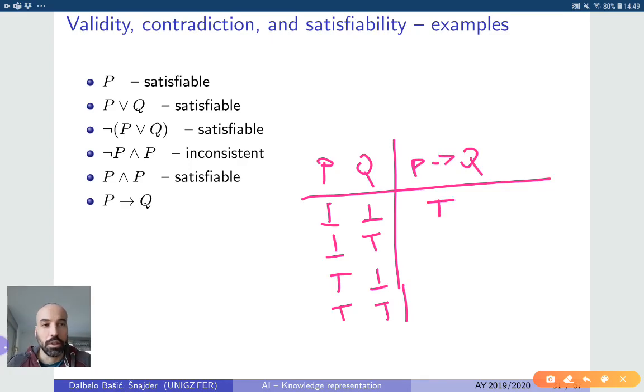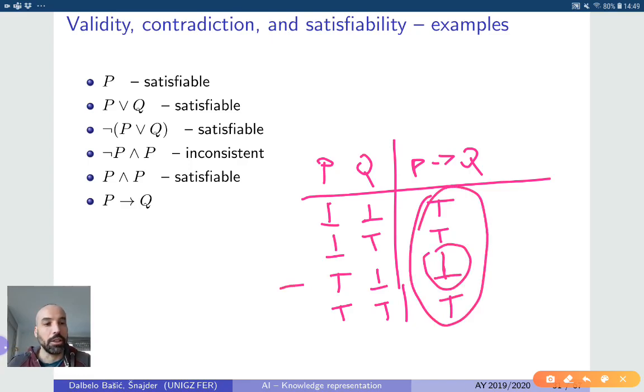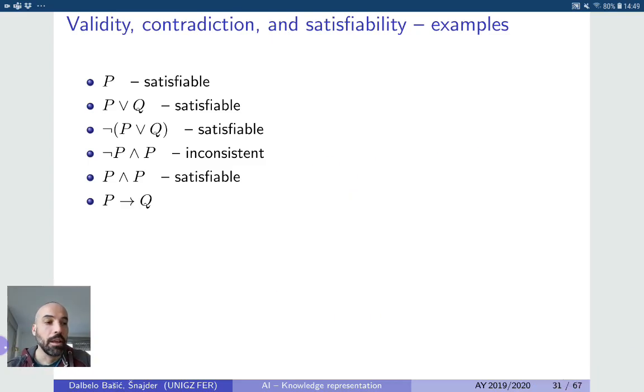This is true, this is true, this is false, this is true. So we have a case here where there is one interpretation, namely this one, where the formula is false, but there are 3 models out of 4 interpretations, so which means the formula is satisfiable.